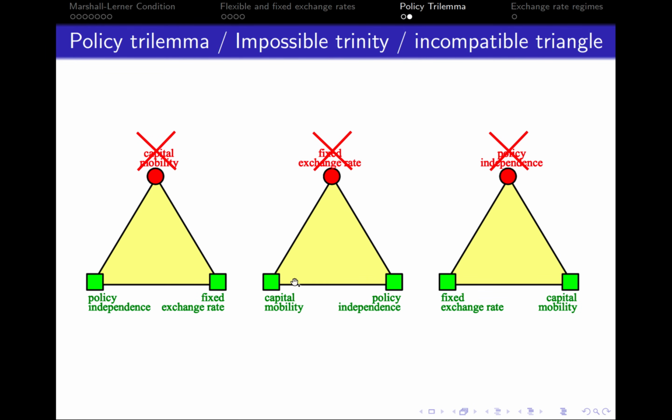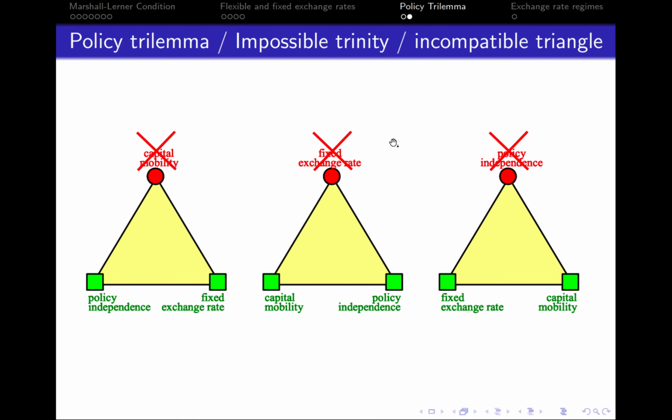If we want to have capital mobility and maintain monetary policy independence, we need to let go of fixed exchange rates. And finally, if we want to have fixed exchange rates and capital mobility, we cannot have monetary policy independence.